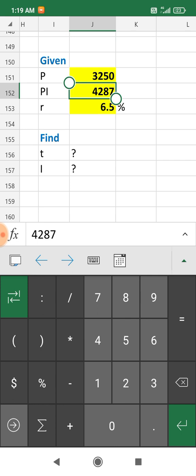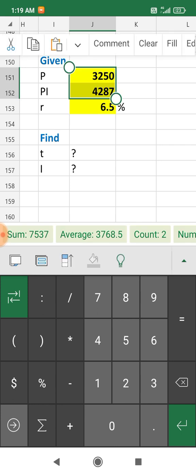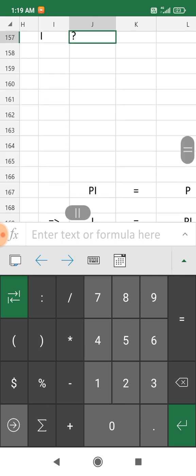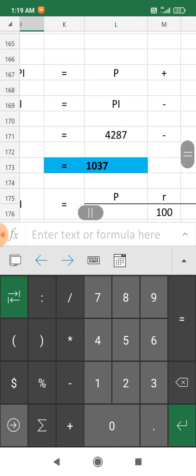Okay. So in that case, we have to calculate the interest first, because P and PI is known. We have seen already in the basic concept. We can calculate I directly.